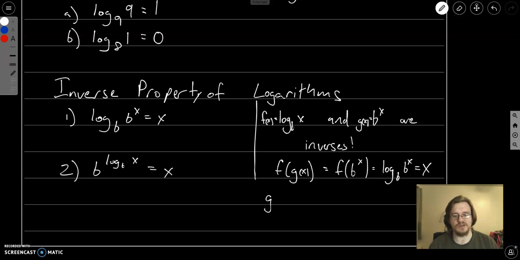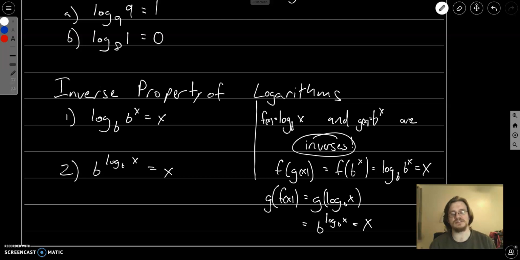The same way in reverse, g of f of x is going to be g of log base b of x, which is going to be b raised to the log base b of x, which is just x. So again, the fact that these guys are inverses means they cancel. If you have the same base and you have both a logarithm and an exponent, they're going to cancel and you just get x.